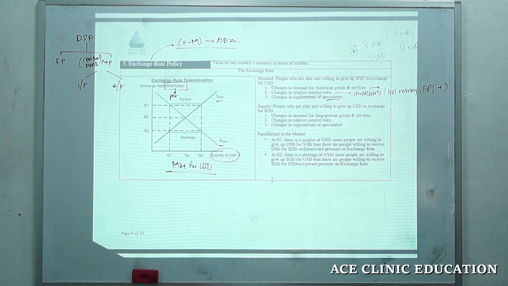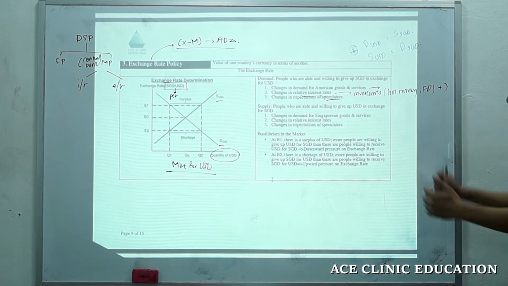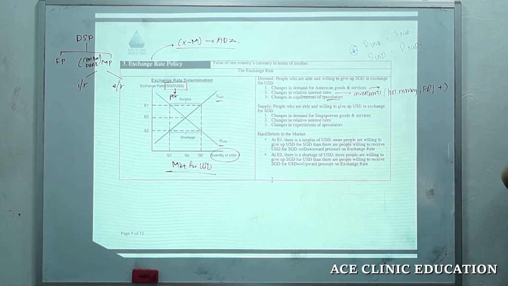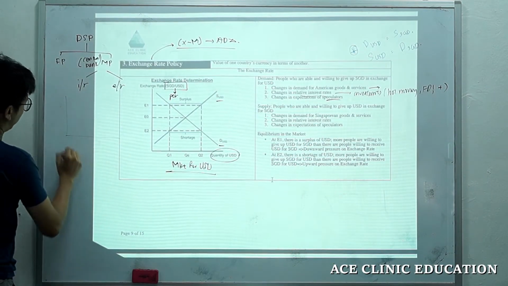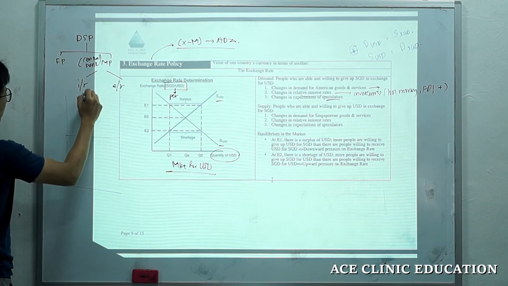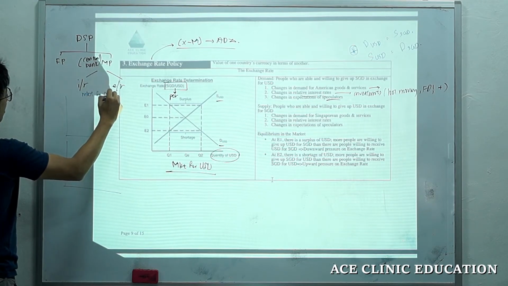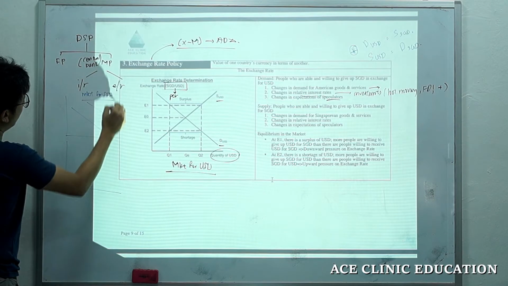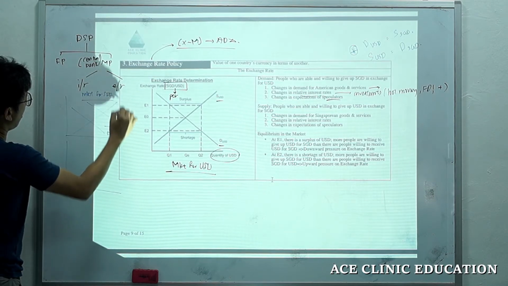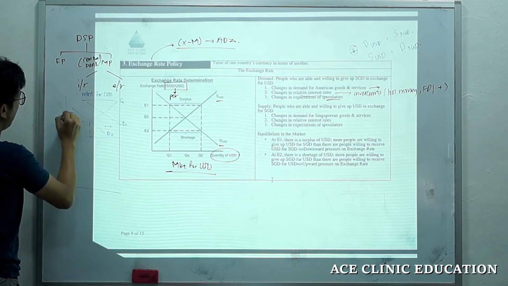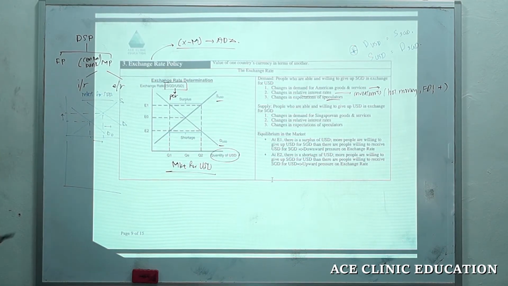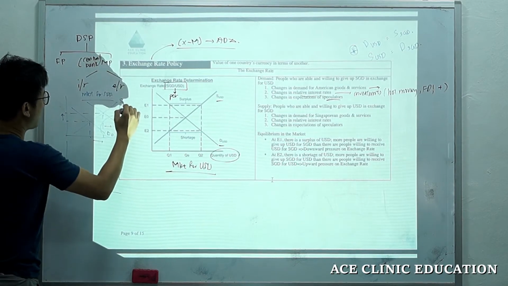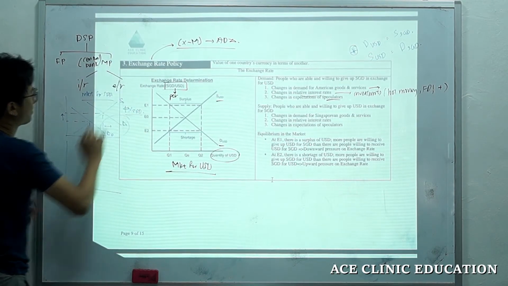And vice versa. So I taught you back then that you need to be comfortable drawing the diagrams interchangeably. In other words, quick illustration: let's say in the market for SGD, I tell you that there's a rise in demand, for example, because there's a rise in demand for Singapore exports.